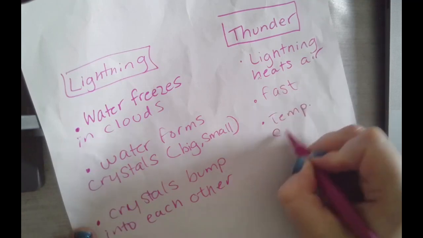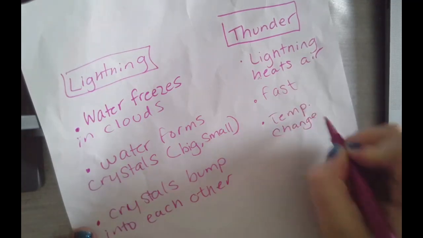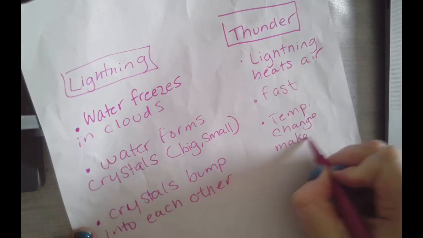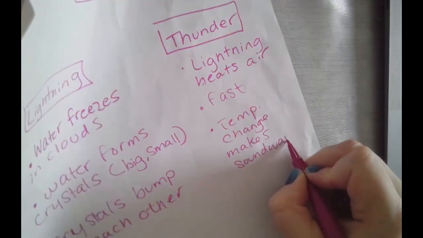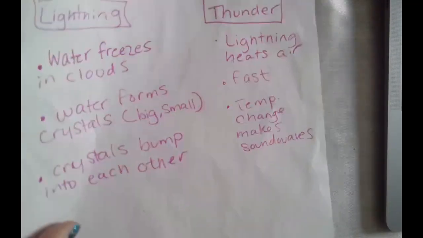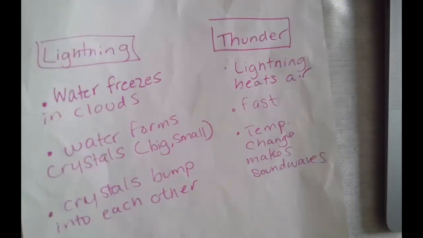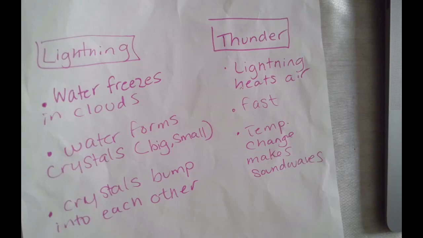I'm going to put temp change makes sound waves. So here you can see that this is a lot different than those complete sentences that the author had. And then when I'm writing my page, I can take this information and create my own sentences with it.